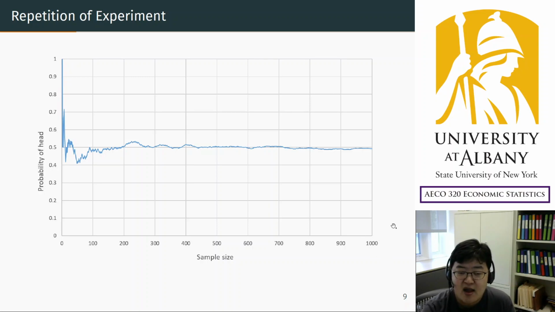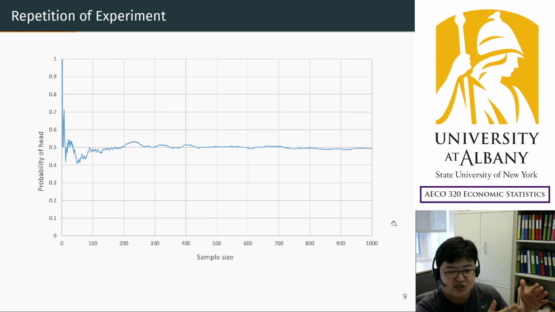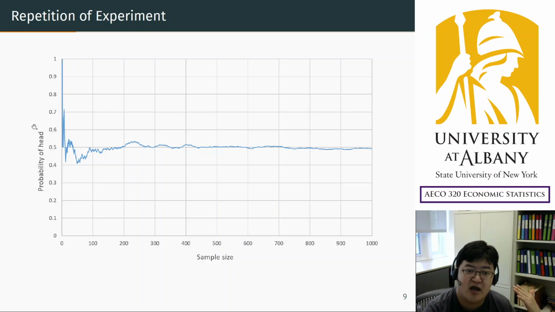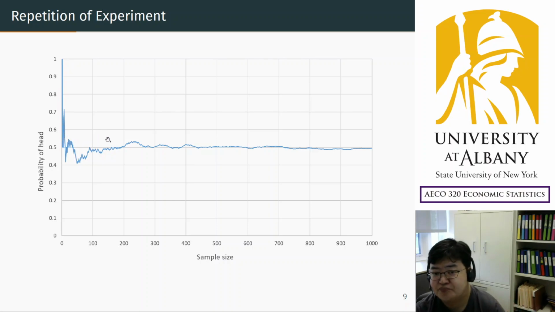So I simulated coin toss, and each time I calculate the probability of head, or the proportion of head. That is, when I throw a coin for the first time, it was head. So the proportion of head was 100%. And the second time I got tail, so the proportion becomes half and half, and then goes up, down.